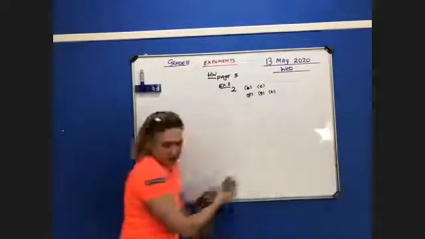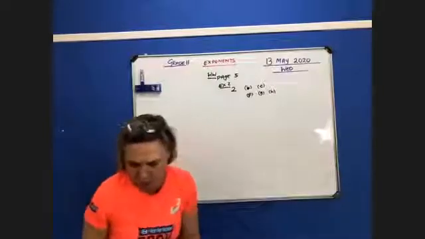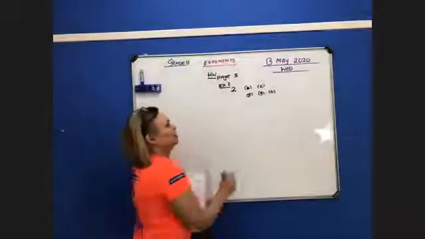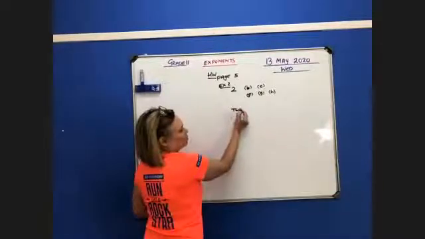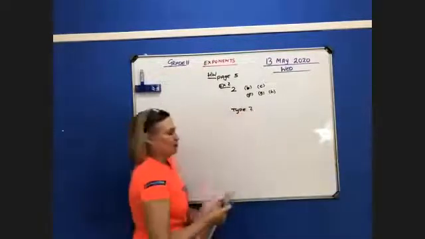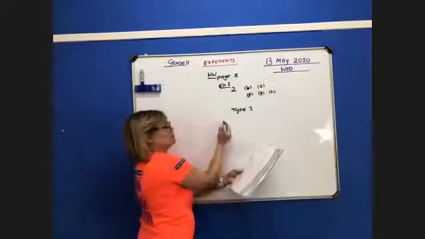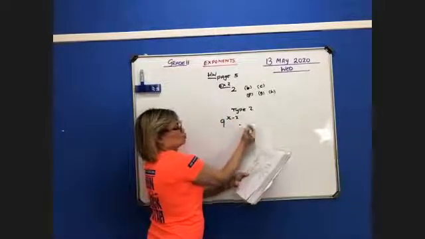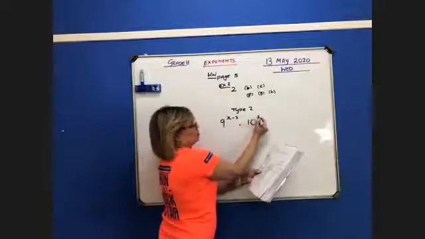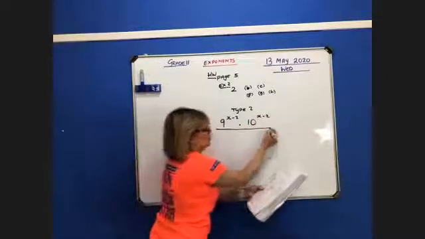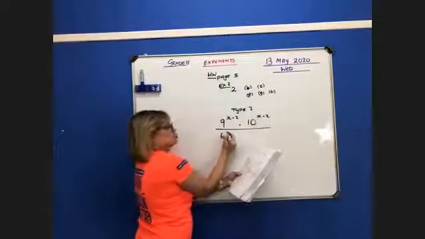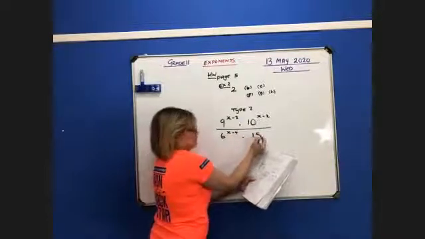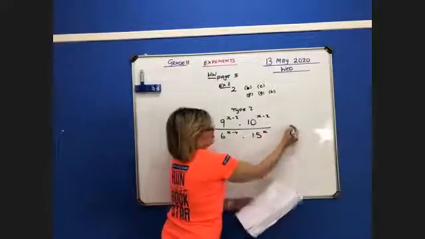All right, so now if I go to another example, I'm going to give you a clue, it's still going to be a type 2. Why? Because the question's going to read 9 to the x minus 2 times 10 to the x minus 2, divided by 6 to the x minus 4 times 15 to the x.